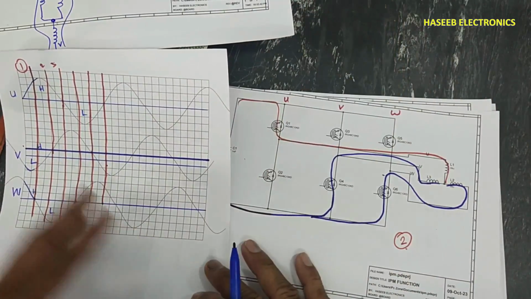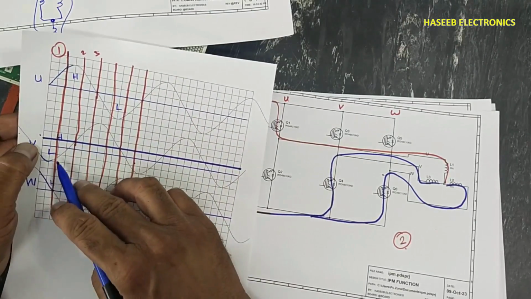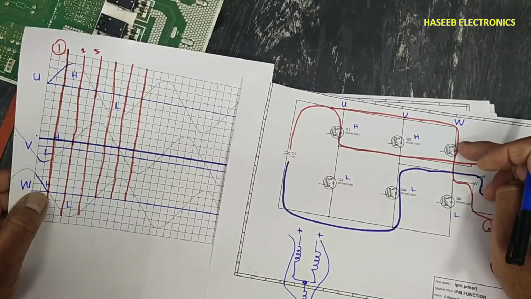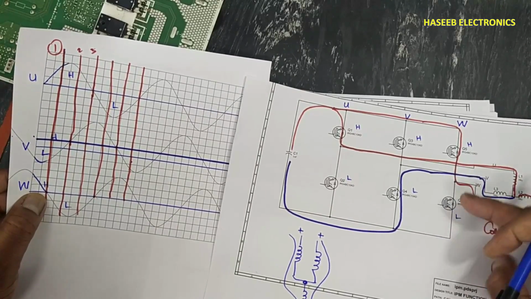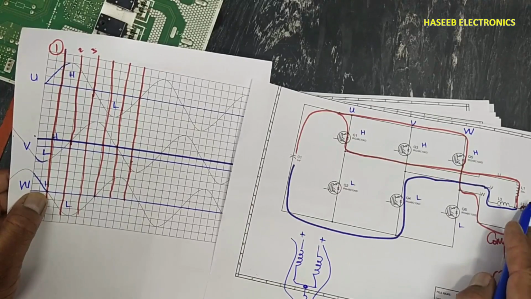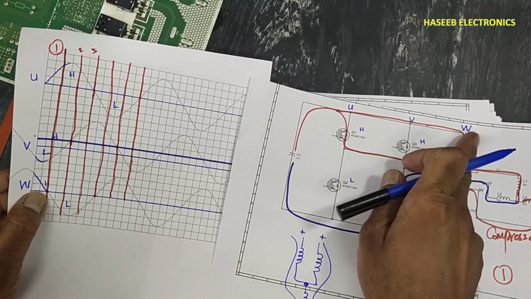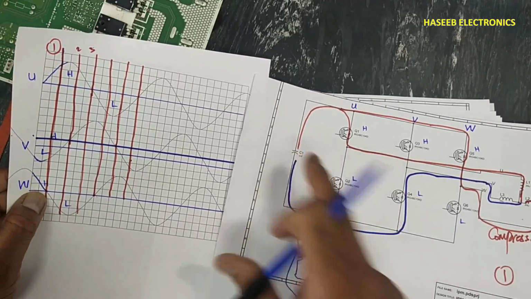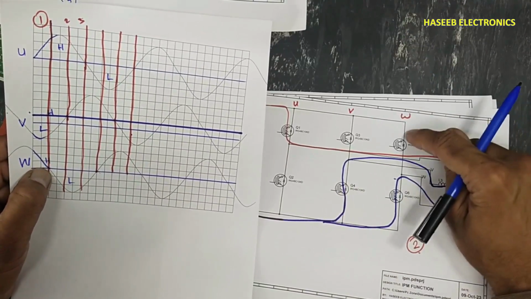Now the condition will change to the second condition. When the W high IGBT, this one, will turn off and this will turn on. See, before this positive voltage was reaching here. Now in the next step, this positive voltage will be disconnected and this IGBT will connect the negative side of the capacitor. Now it is turned on, it is turned off.